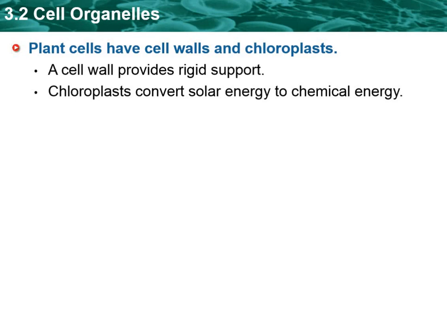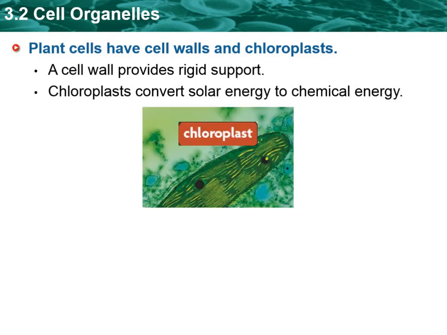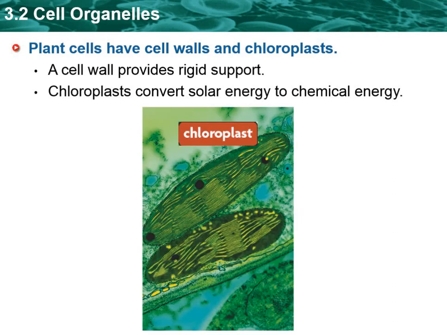Or an animal can come along and eat the plant and get the glucose and then convert that glucose into energy that the cells can use. So that is some of the organelles for section 2.